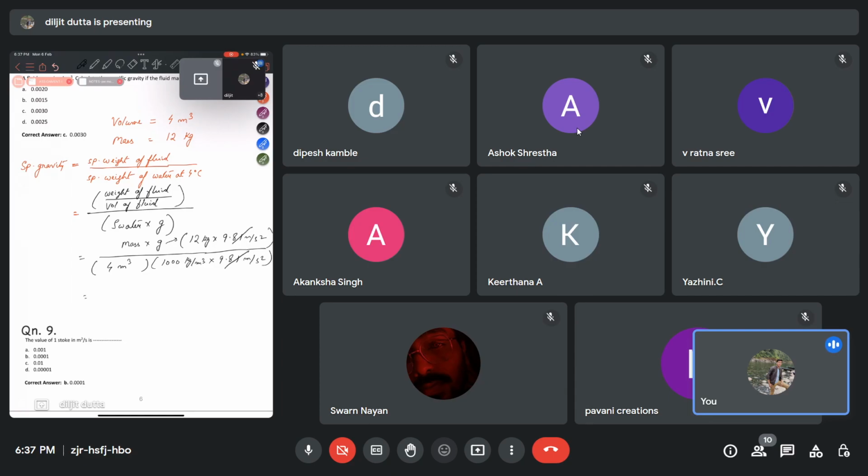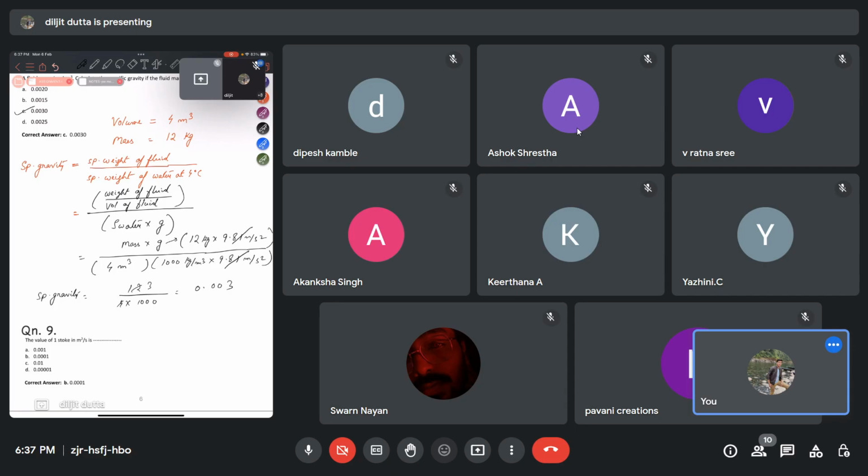So here it comes 12 divided by 4 into 1000. So it is 3 by 1000, so it is 0.003. So the answer is 0.003.